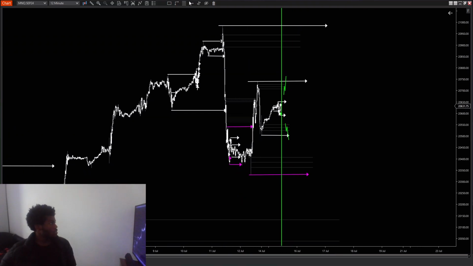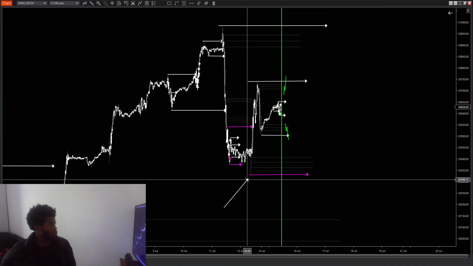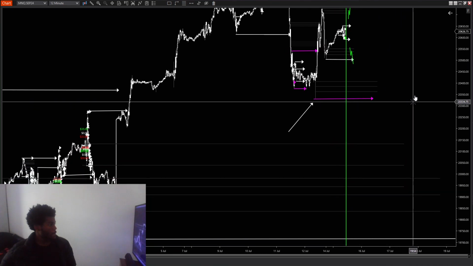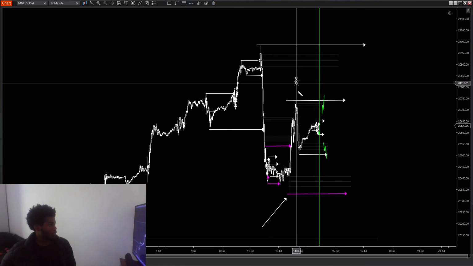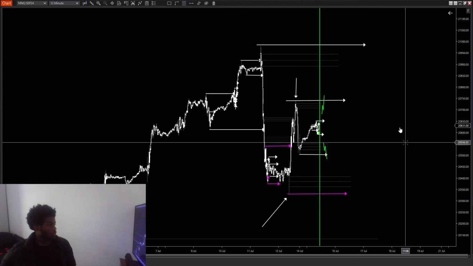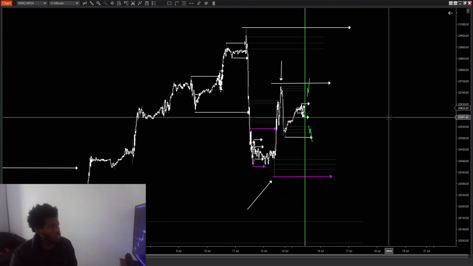So when I see this, I'm recognizing that this low is weak right here. Not only that, this high is weak. So it's weak in the sense that it's failing to put in a new low or put in a new high.